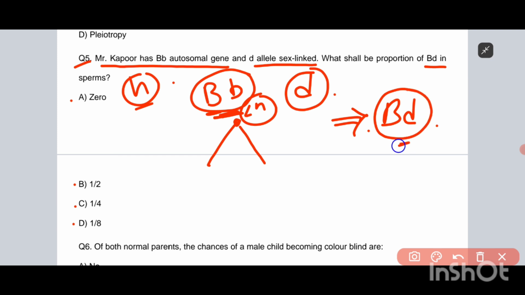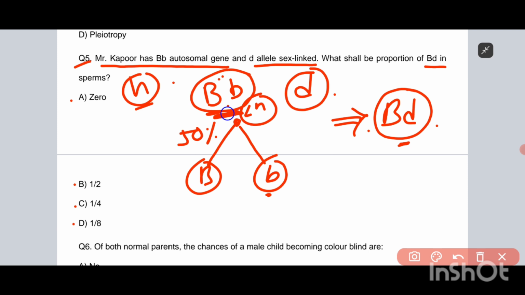So the chance of the B allele coming into the gamete is 50%, because after separation, BB is the counterpart of one gene: B is one allele and B is the other allele.